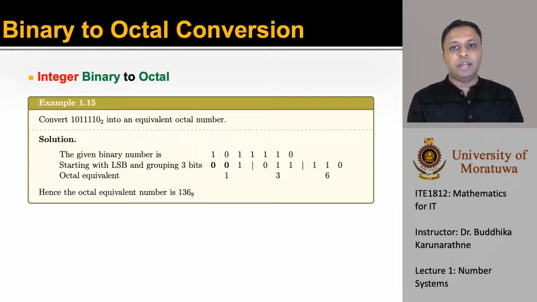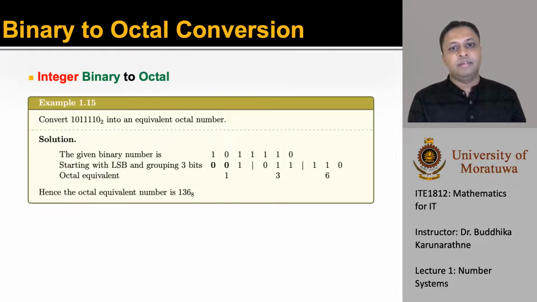Starting from the right, you make groups of 3 bits. The first group is 110, the second one is 011, and you're left with only 1, and you can add 2 preceding zeros to that number.